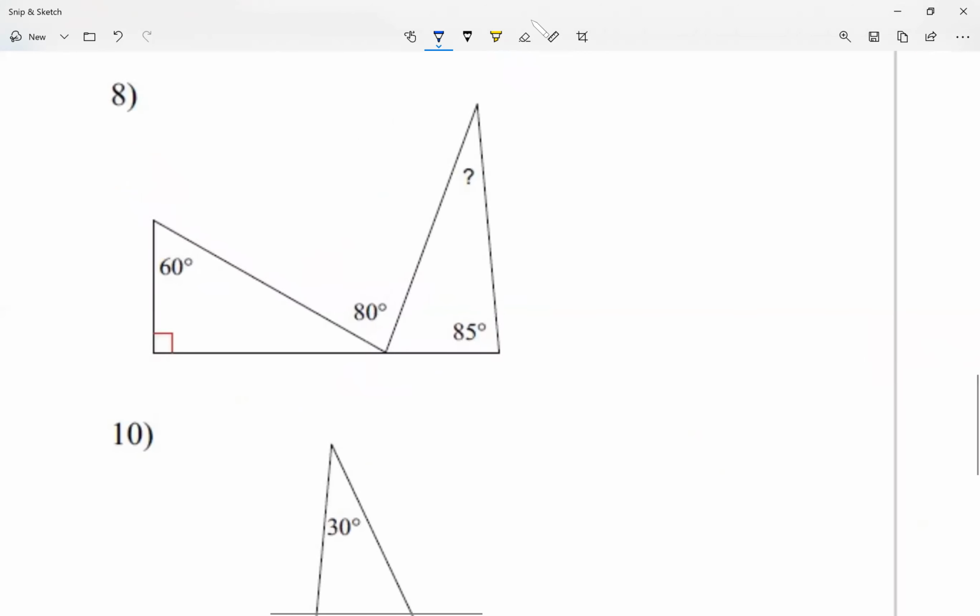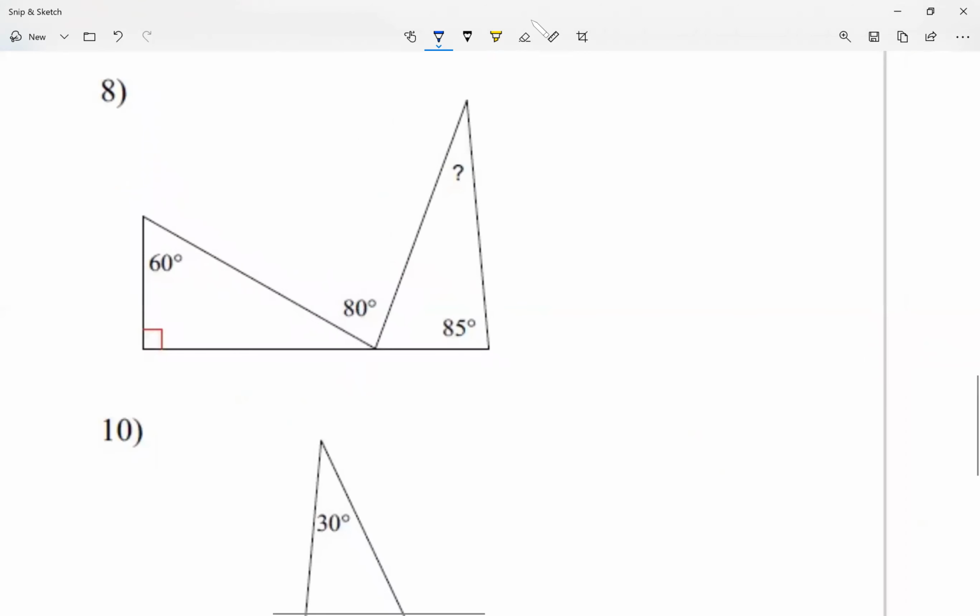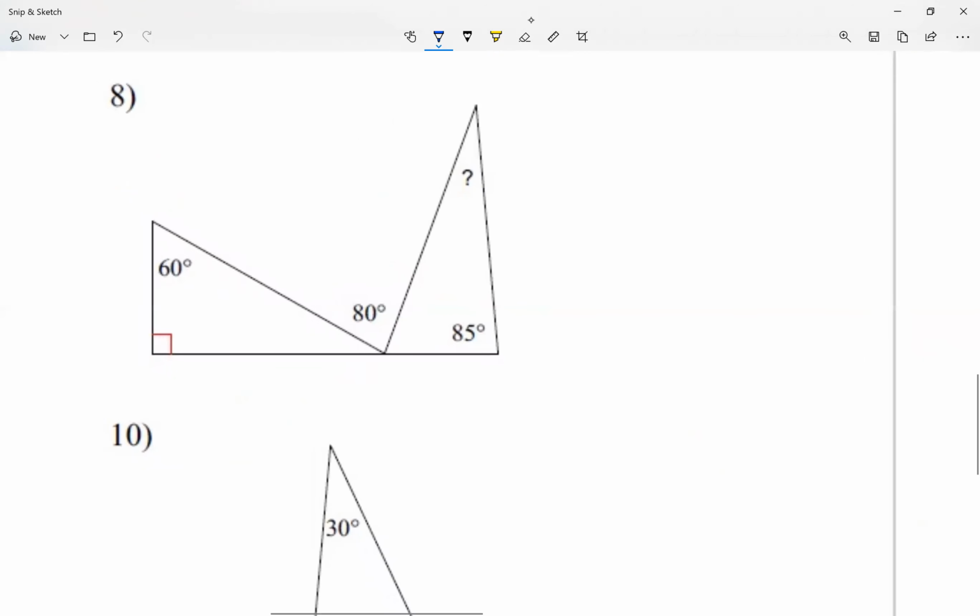Let's take a look at question number 8. That question mark, let me call it X. And I'm going to start from the triangle that does not have X. Looking at this triangle, the red box, remember that represents 90.